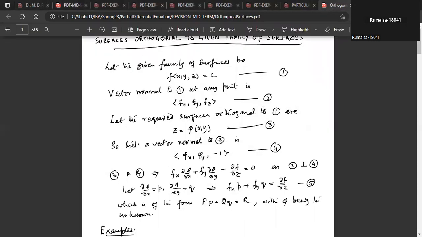For example, in ordinary differential equations, we had things like this: y is equal to mx plus c, or y is equal to 3x plus k.